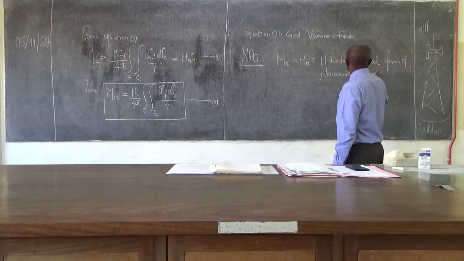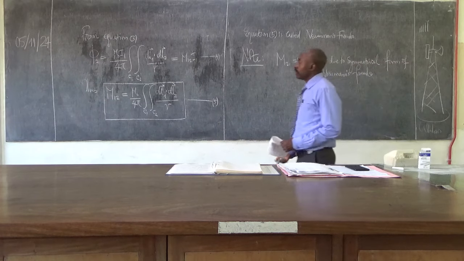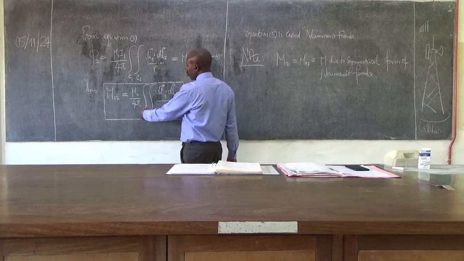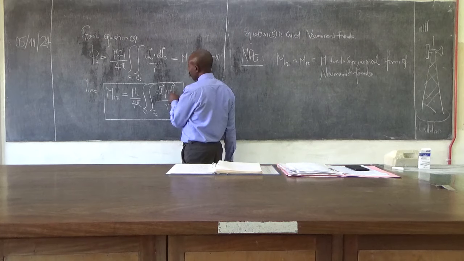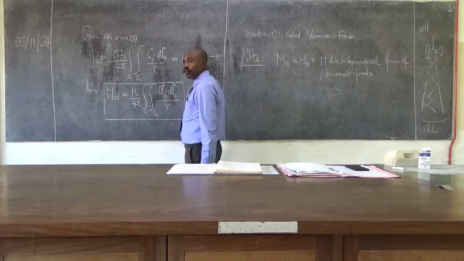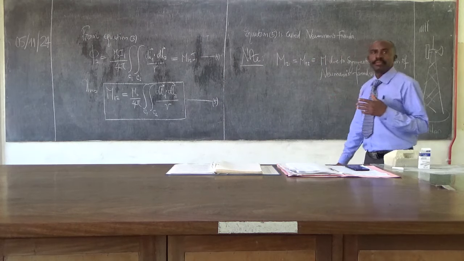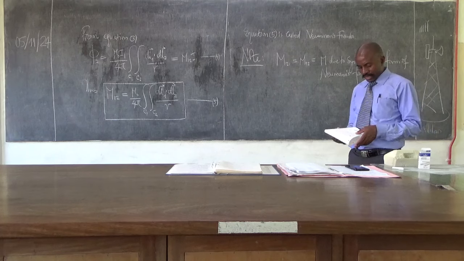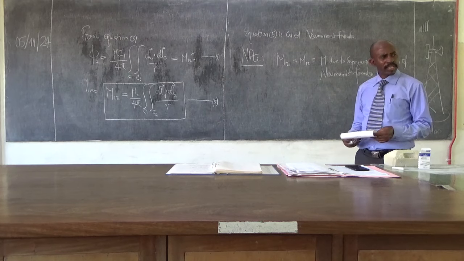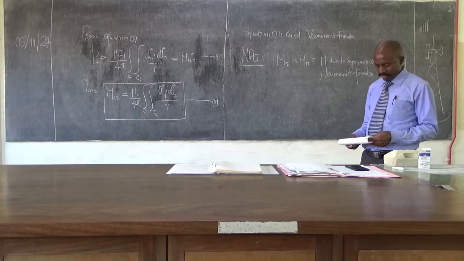It's symmetrical. Symmetrical meaning that it doesn't matter whether you start with dl1 or dl2 dot dl1. The dot product is commutative.